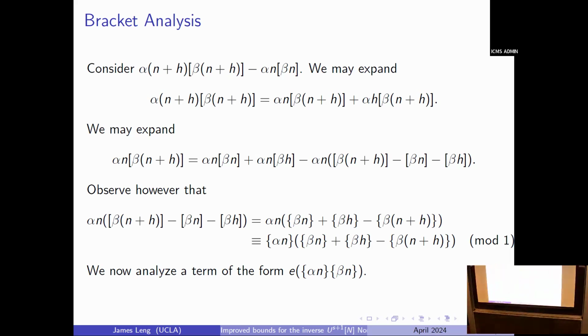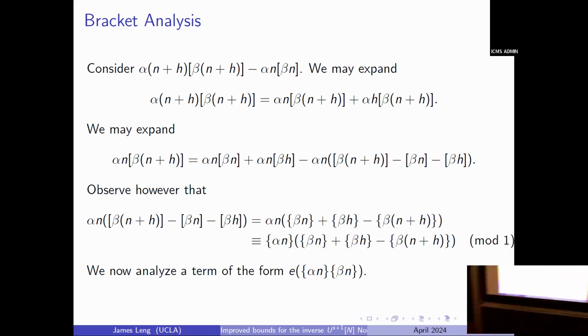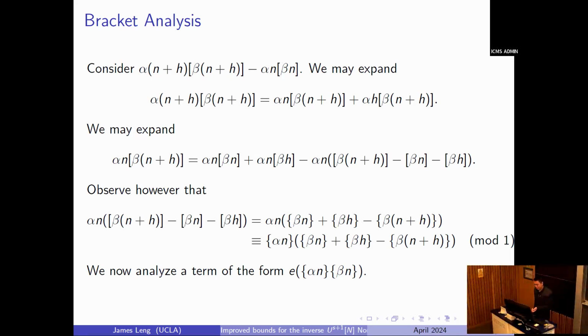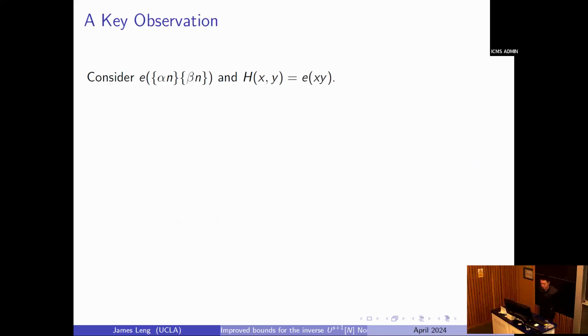And so what I'll present is a method on how to analyze E of a bracket product of two things. This is how you do it. You consider a function h of x comma y to be equal to E of x times y.